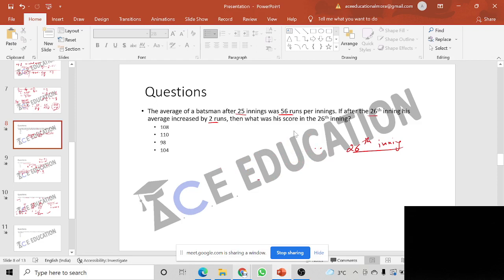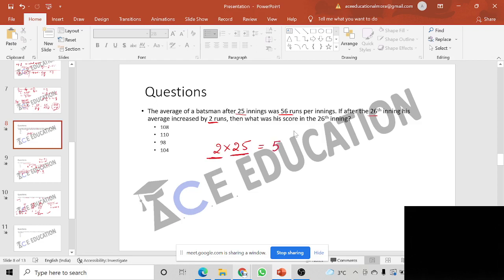So if the average is increased, the number of runs that he had scored, first he'll have to score 2 runs to contribute to each of the 25 innings to increase the average. Again, I'll just repeat this point. The batsman will have to make 2 runs to contribute to each of the 25 old innings, right?